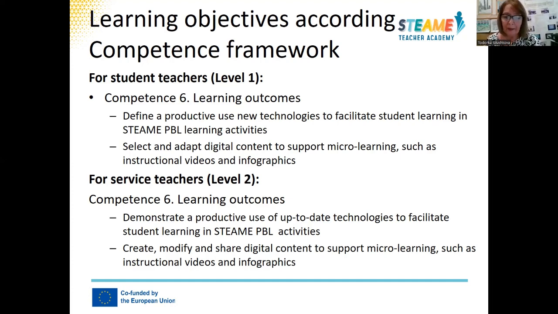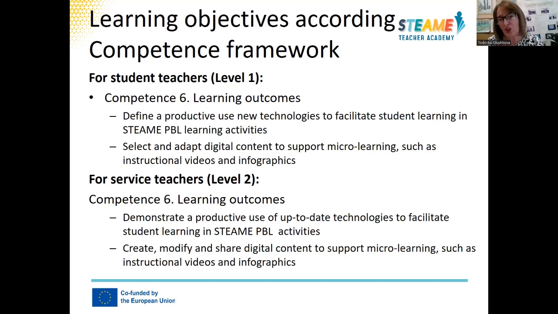Maybe these activities include artificial intelligence, virtual and hybrid learning environments, micro learning, and so on. And the second outcome is to select and adapt digital content to support micro learning, such as instructional videos and infographics.